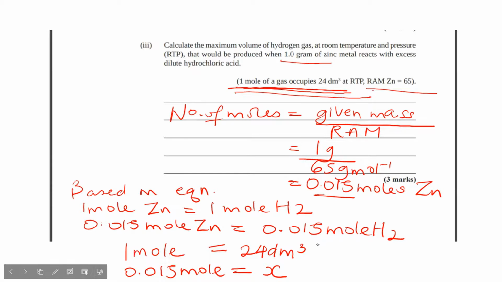So basically you're cross multiplying. So X times 1. So X is equal to, and X is the maximum volume of hydrogen gas, right?